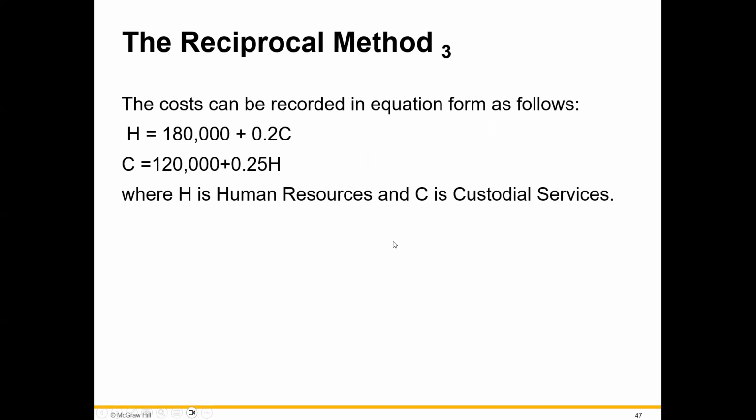So the formula, if we were to put this in an equation form, would look like this. HR is 180,000 plus 20% of the custodial costs, original custodial costs. And then for custodial, it would be their 120,000 plus 25% of the original HR cost. And we ignore their cross distributions when we do that.